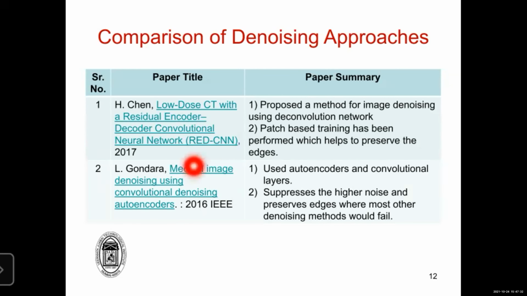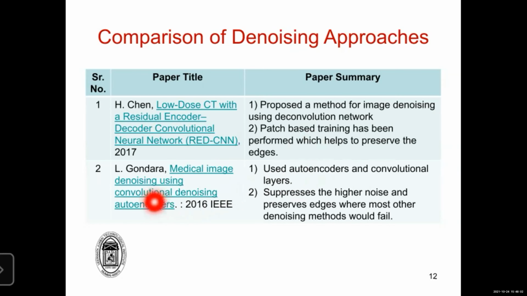Mr. Han published a paper in 2017. He performed low dose CT with a residual encoder-decoder convolution neural network. In this method for denoising, a deconvolution network was used. Patch-based training was used, which helped to preserve the edges.